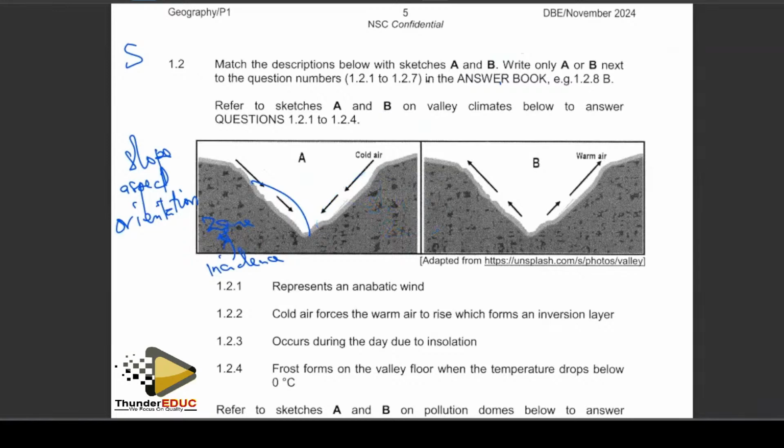Given this, it will create a situation whereby we have the development of two different pressure systems within the valley. If the valley side is heated, it is going to become warmer, which will promote the development of low pressure on the valley side. And given the valley floor, there is no insolation being received on the floor here. It will also mean that there will be a pressure gradient. The valley floor will be colder compared to the valley side.